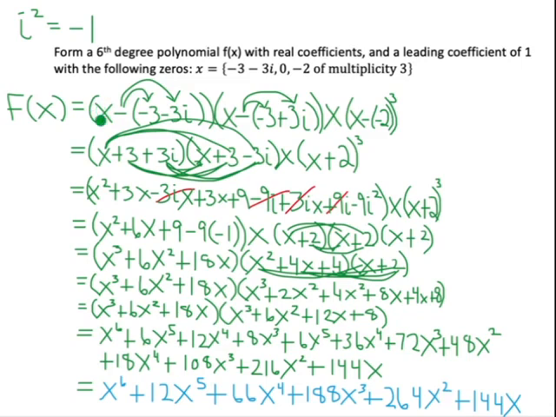2x to the 6th. But if you make the mistake of putting the 2 inside each factor, you're going to have a 2 to the 6th, x to the 6th, because you're going to have 2 times 2 right here, times 2 right here, and then here this is a cubed term, so you'd actually have to expand this a little more to even put it in here, but whenever you're done expanding this part here, if you have a 2 there, it's going to be 2 cubed x cubed.